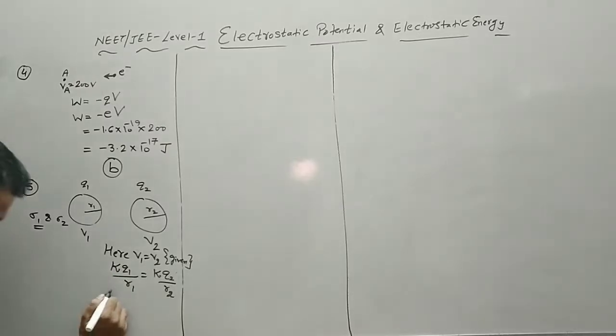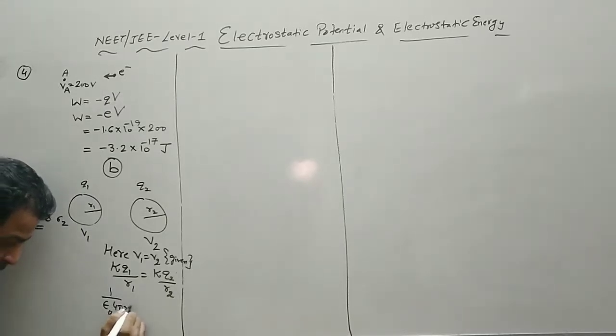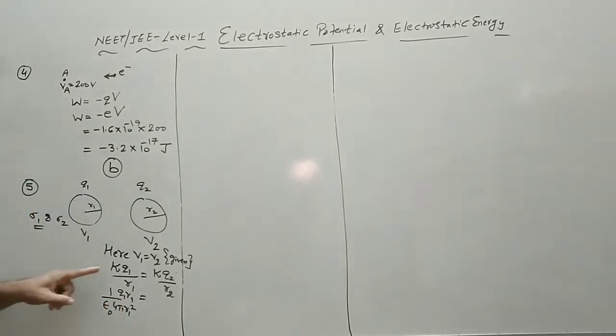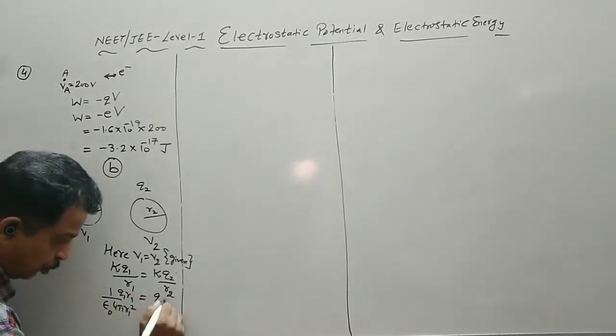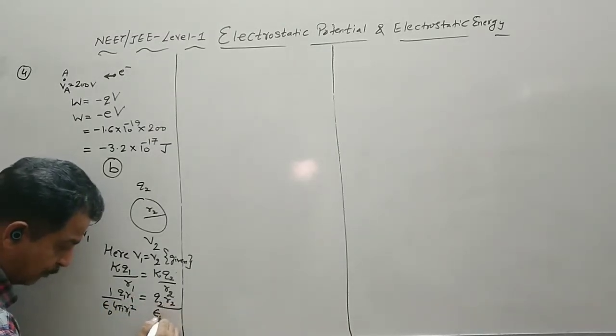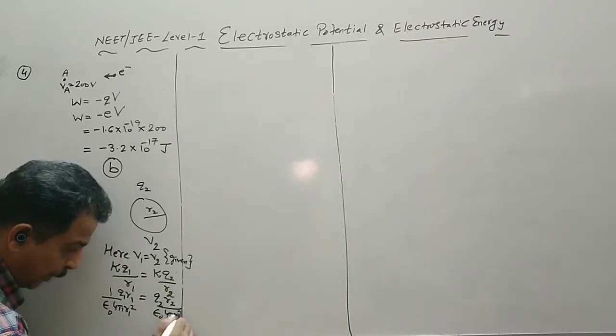Now K can be written as 1 upon 4 pi epsilon naught. So I will write here epsilon naught 4 pi r1 square, then Q1 into r1. So K value 1 upon 4 pi epsilon naught, multiply and divide by r1 because we need area here. So it becomes Q2 r2 upon epsilon naught 4 pi r2 square.